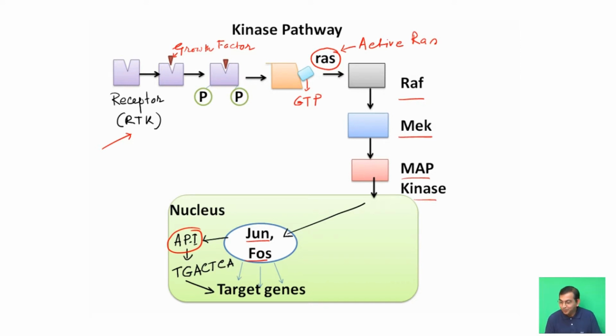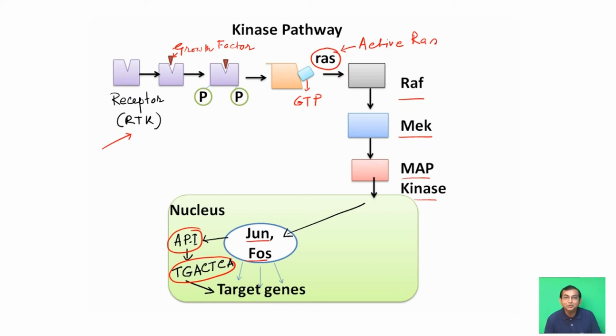This dimeric protein, AP1, is a transcription factor. It recognizes the sequence TGACTCA on the target gene and activates the target gene.